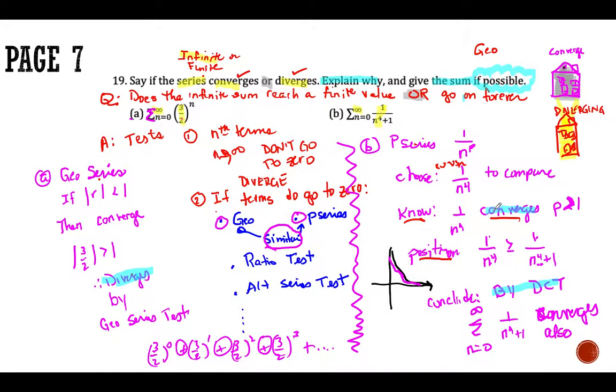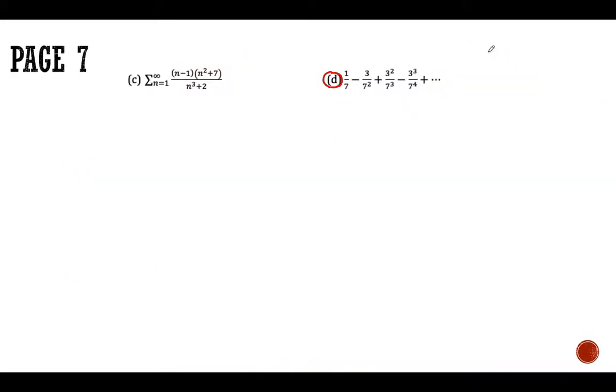This p-series converges, but it's still not possible to give you the sum to which it converges, because the only way that is possible is if you have a converging geometric series. Then I can give the sum. So I wanted to talk about that before I did these two problems.